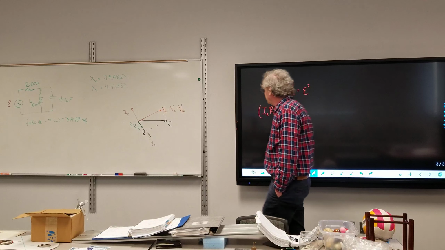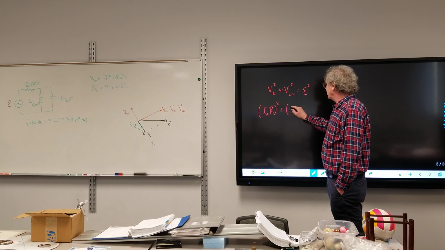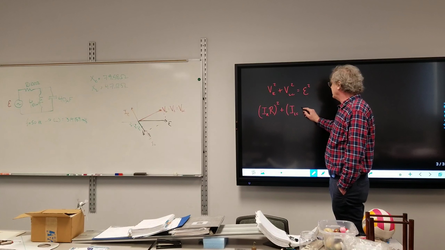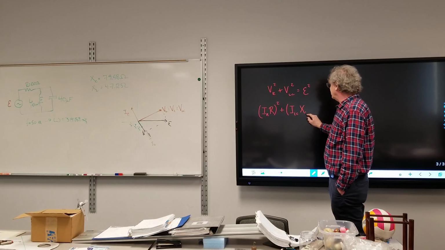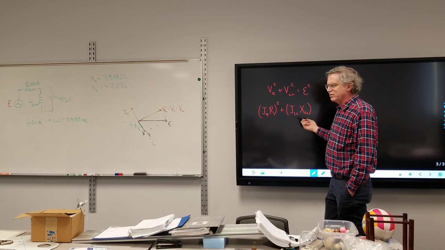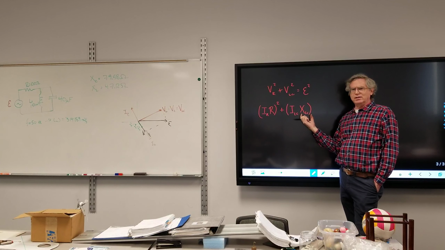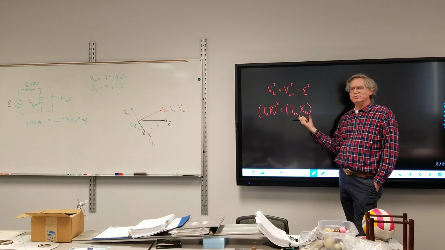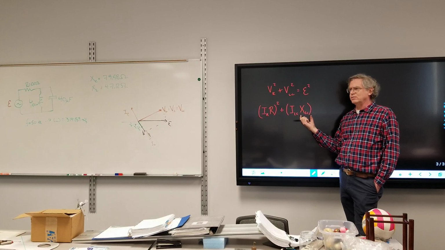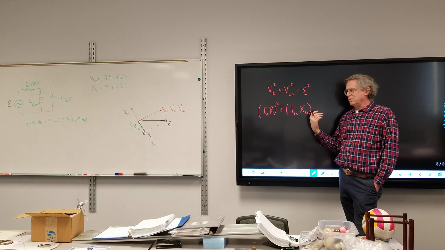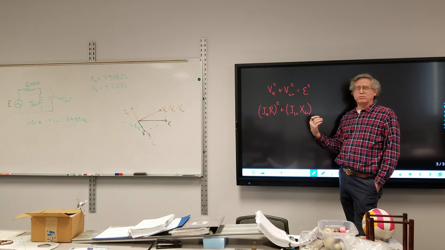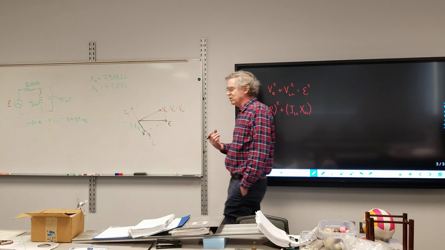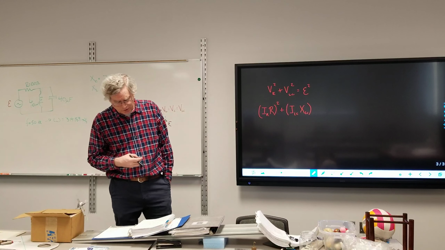So I'm going to create a new function here. This is the current flowing across LC times XLC. It's a temporary variable right there, because the capacitive, inductive reactance combination, I'm making up words here.